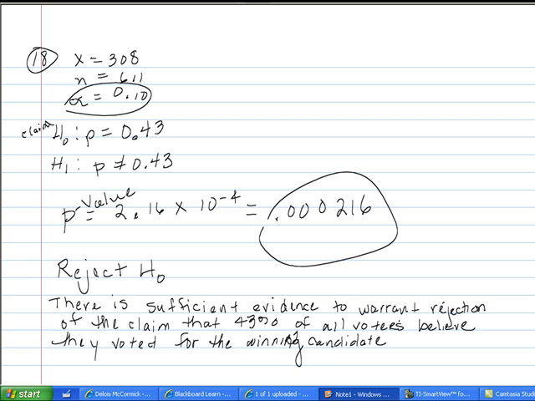So I would say that maybe they lied or they forgot or something, that there is a big difference between how they said they voted and how they actually did vote. So that's what's going on in this problem.